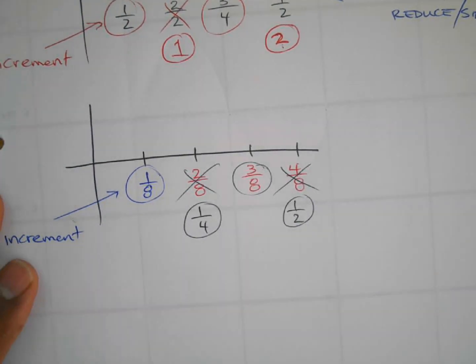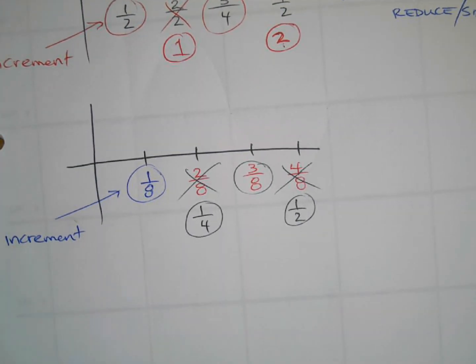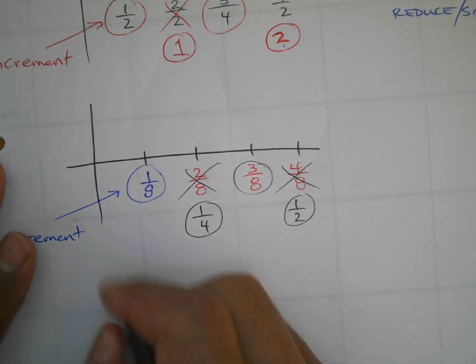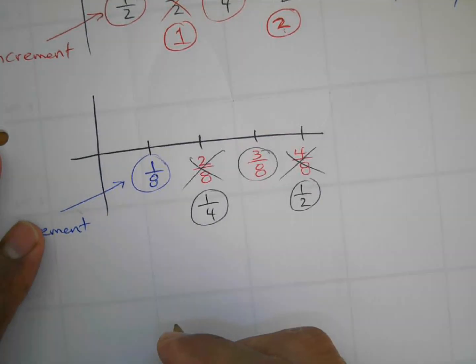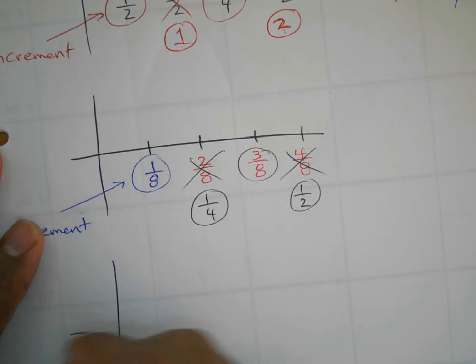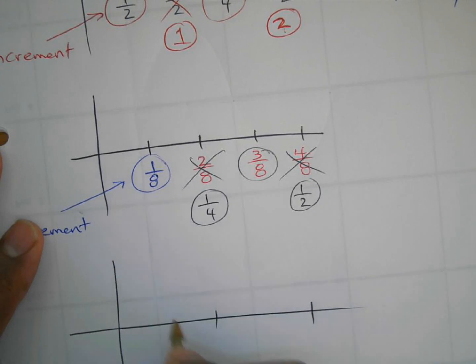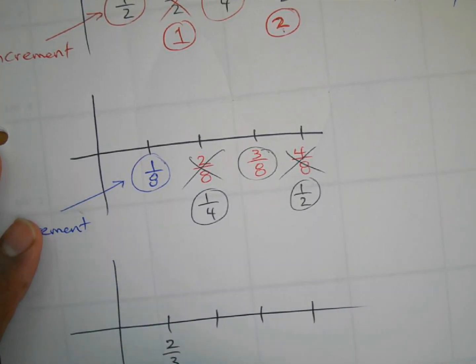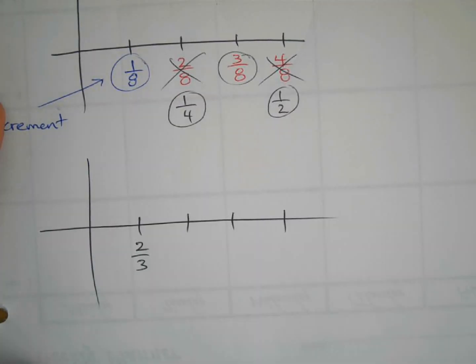All right. It's going to get a little bit more interesting. What if you're counting by, the increment is 2/3?